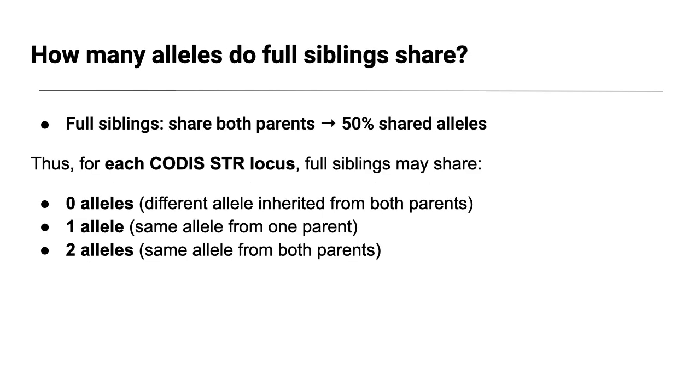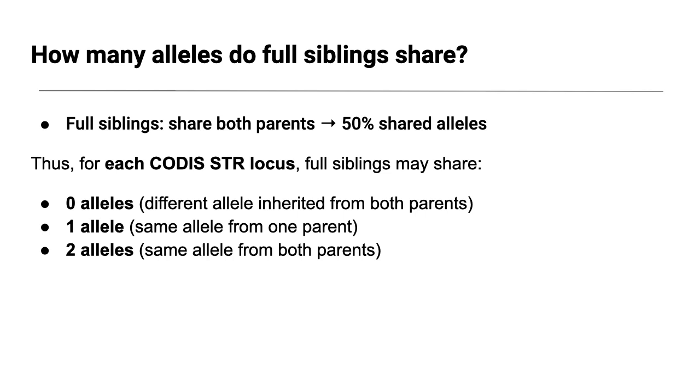How many alleles do full siblings share? Full siblings share the same two biological parents. Because of Mendelian inheritance, siblings can share 0, 1, or 2 alleles at any given locus. Sharing 0 alleles means each sibling inherited different alleles from both parents.